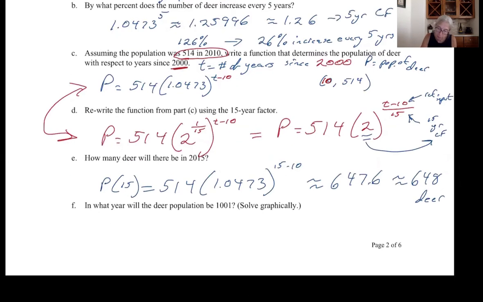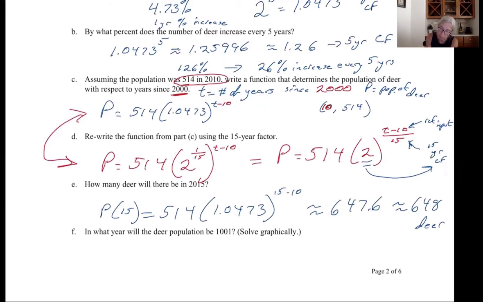And then it said, in what year will the population be 1001? So in other words, if my population is 1001, how many years went by from the year 2000? Now, we don't have a way to solve this yet algebraically.